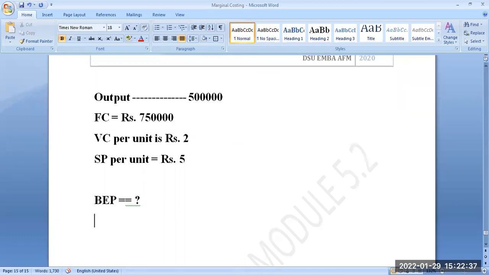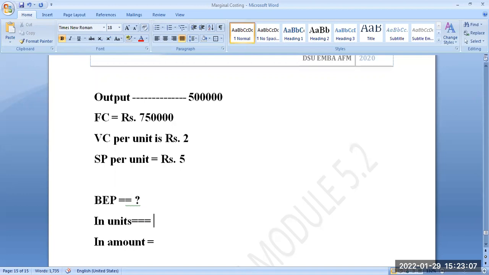Break-even point is 250,000 units. 2 lakh 50 thousand units.